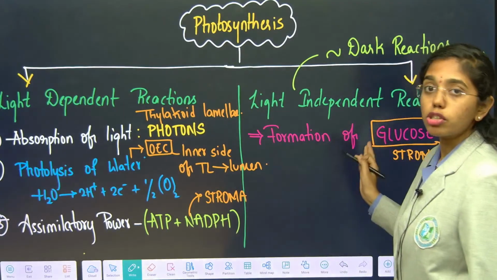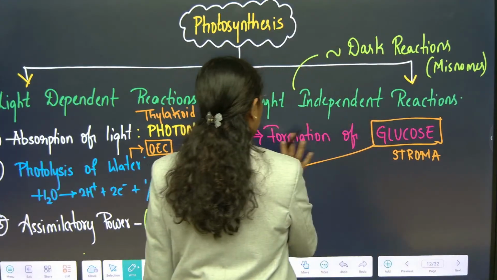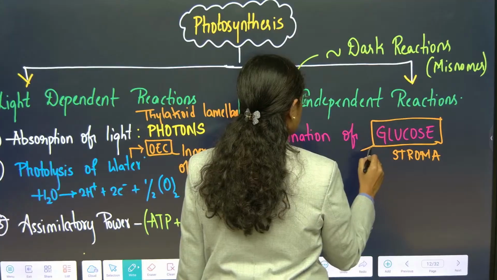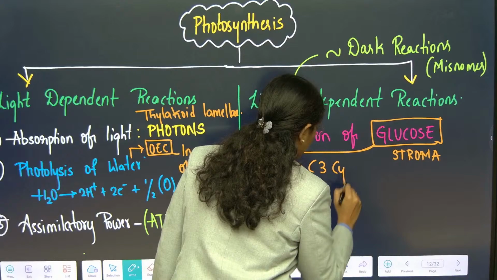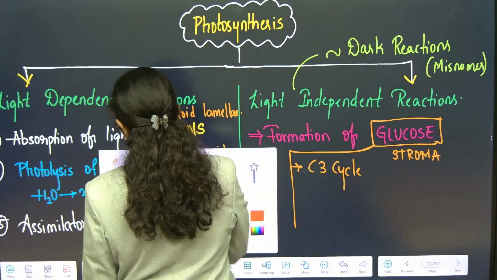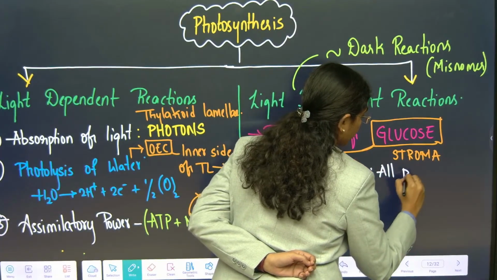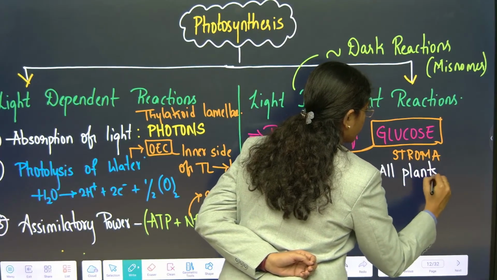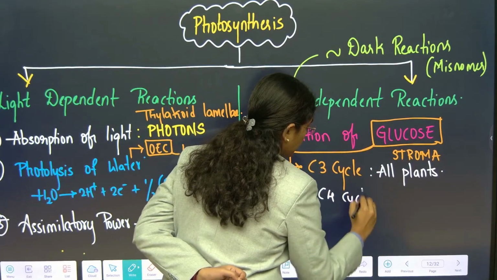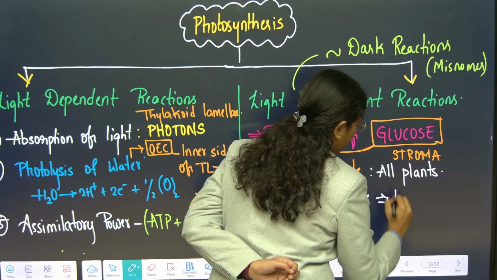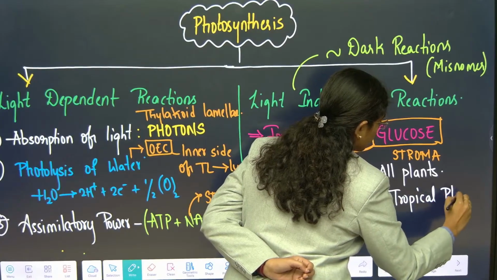By what cycles does glucose formation occur? The C3 cycle is the common cycle that operates in all plants. Next, the C4 cycle in tropical plants.